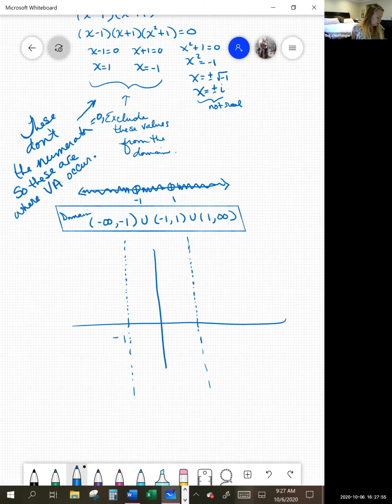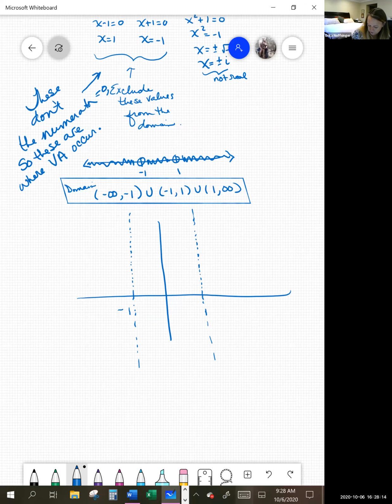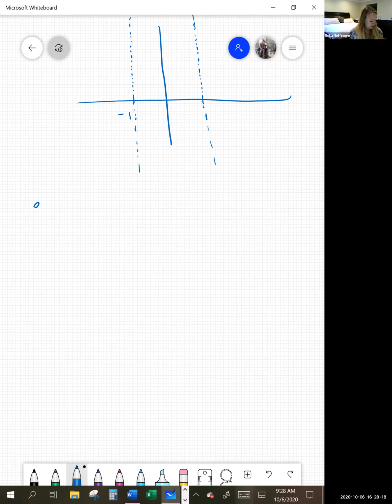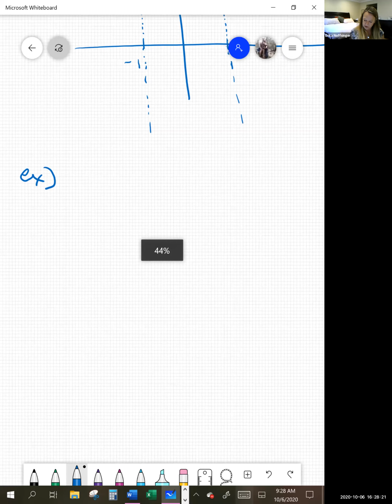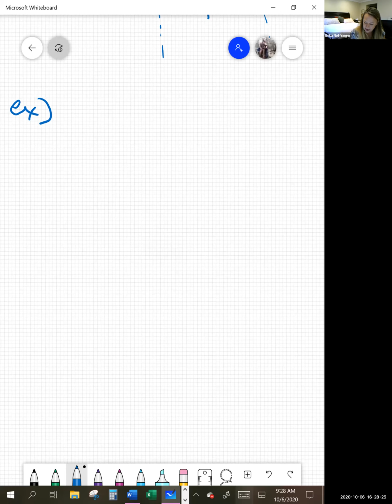Let's see. Use the graph shown to find the domain and range of each function, the intercepts, if any, horizontal asymptote, if any, vertical asymptote, if any, and an oblique asymptote, but I won't show you that yet. Okay, so you're given a graph.